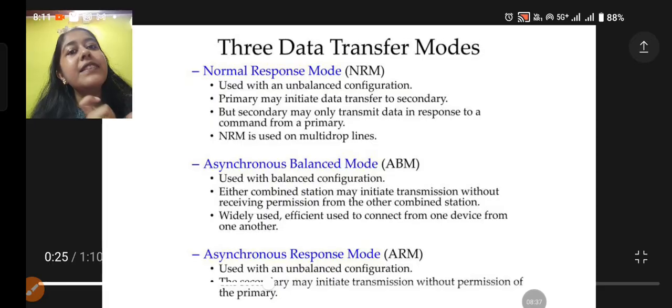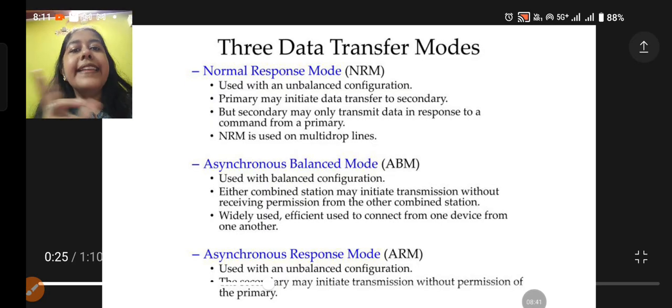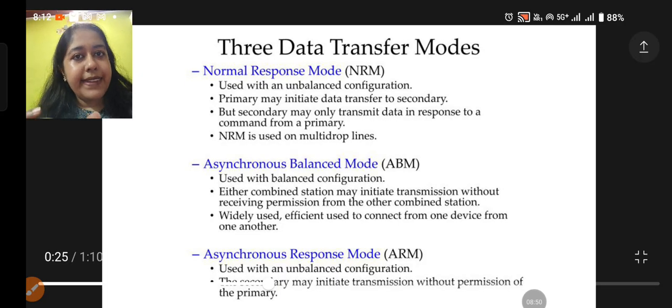Since it's combined in nature, either one can start or initiate the transmission without any permission.